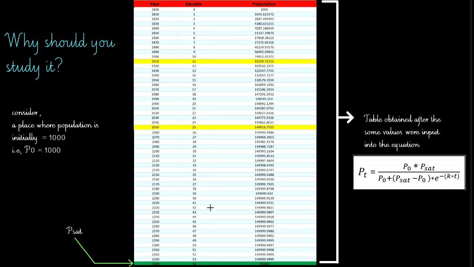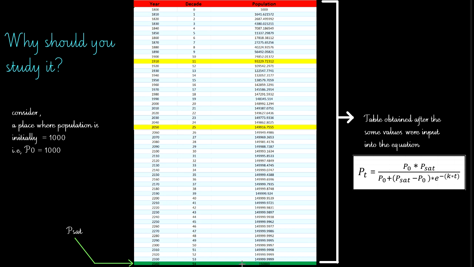As the time progresses or increases, the population is going on increasing, as you can see. But at this point 54, which I've highlighted, the row 54, this row, the last row, is highlighted in green because this is important. This represents that point beyond which there is no further increase in the population.